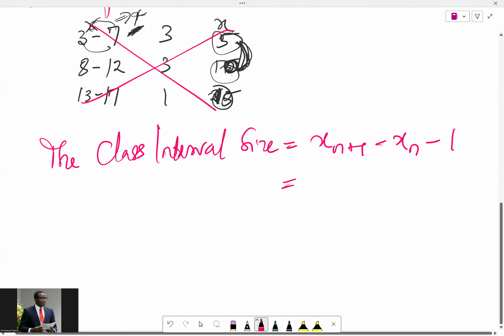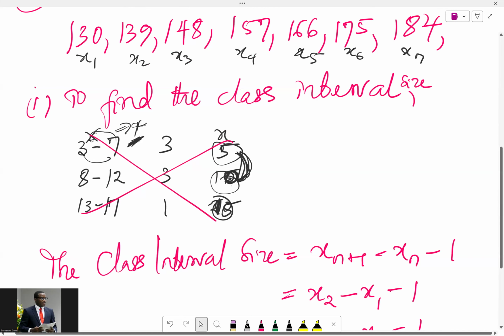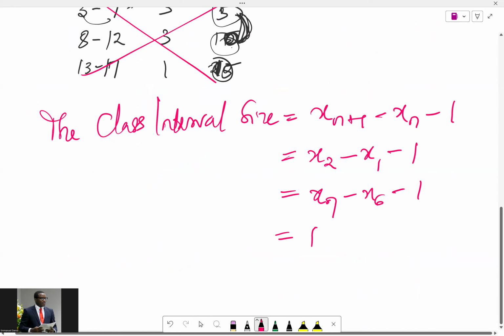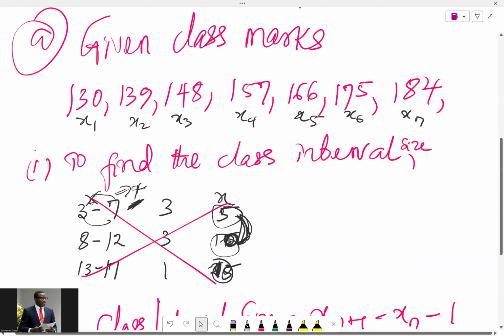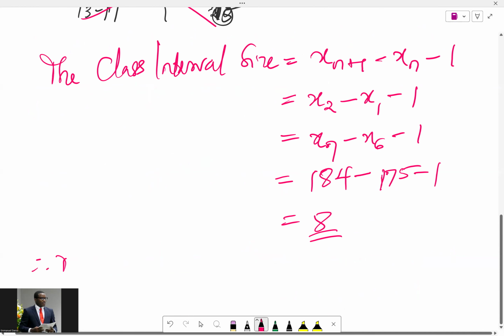So you can have x2 minus x1 minus 1, or pick any x, maybe x7 minus x6 minus 1. Anyhow, it's the same, so let's say x7 minus x6. We know the difference is already 9: 184 minus 175 minus 1. That is 9 minus 1, which is 8. Therefore, the class interval size is 8.